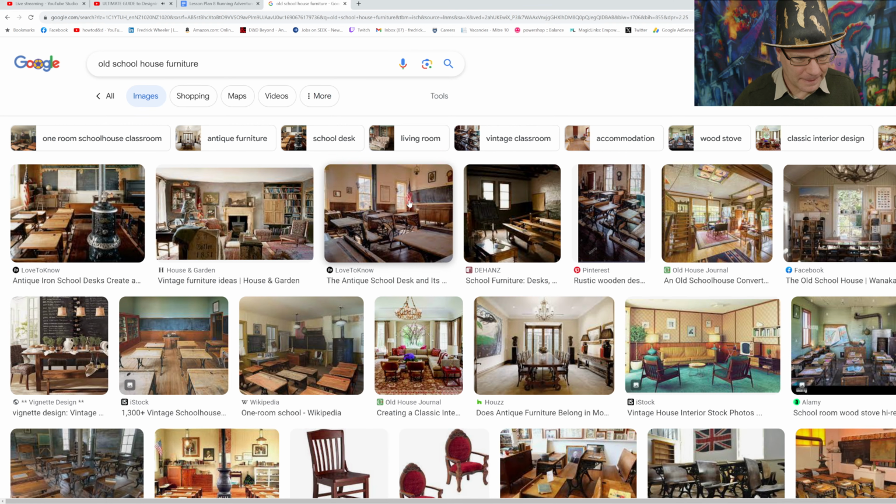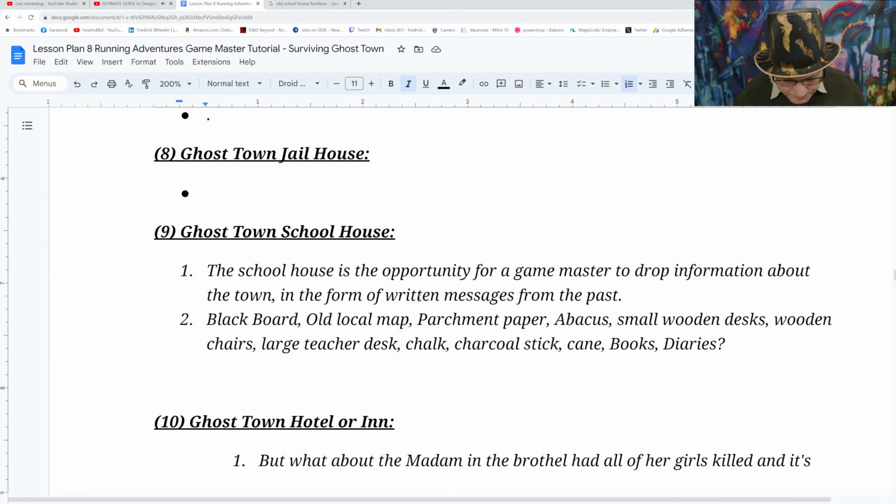Flag. I'm just trying to think if there was a flag, the New Zealand flag, in our schoolhouse. And I'm thinking about that now, and yeah, there was often a flag. Slate tablets, yes.